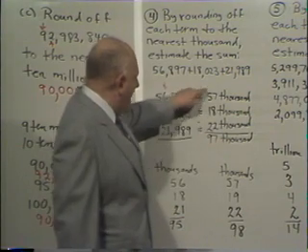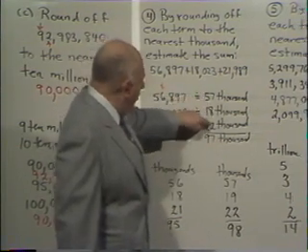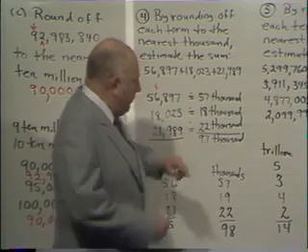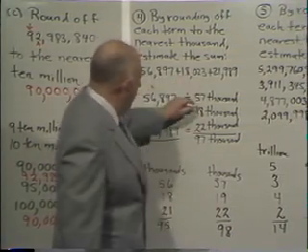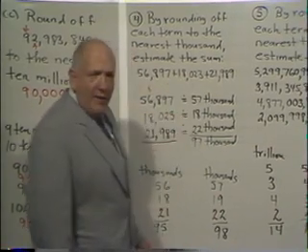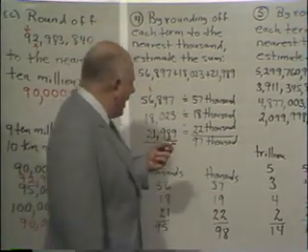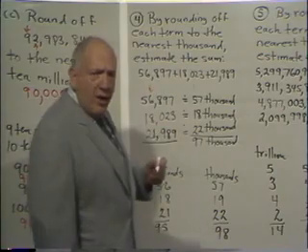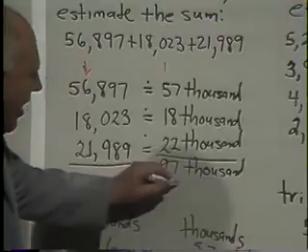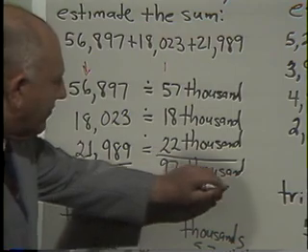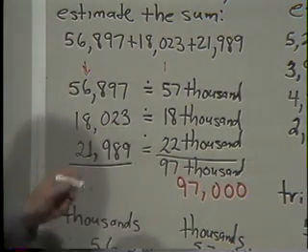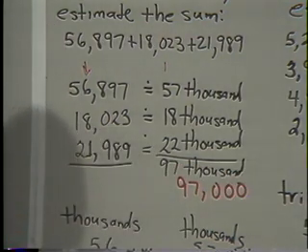So I can now add this up and get what? See, 2 and 8 are 10 and 7 are 17. Put down the 7, carry the 1. 2 and 1 are 3 and 5 are 8 and 1 is 9. The answer is 97,000. And if you feel more comfortable with digits rather than with words, you simply write this as what? 97,000. And this tells me that the answer is around 97,000.